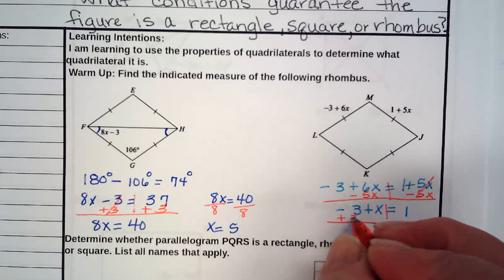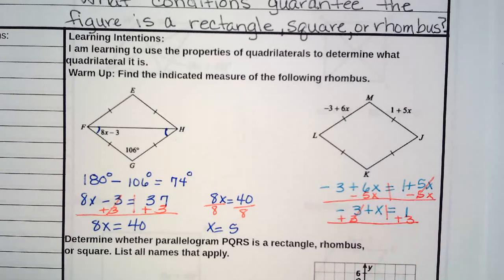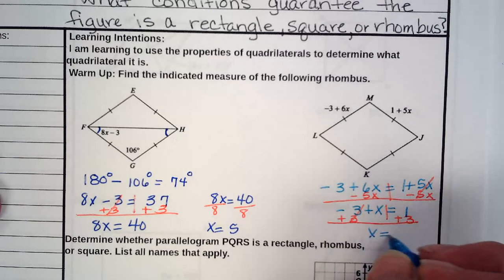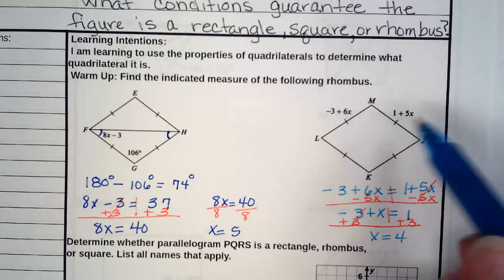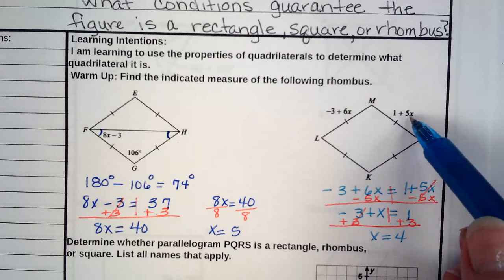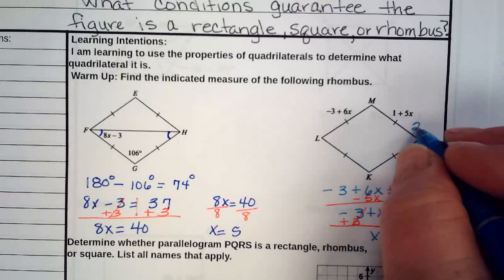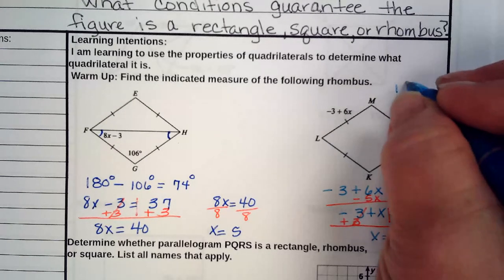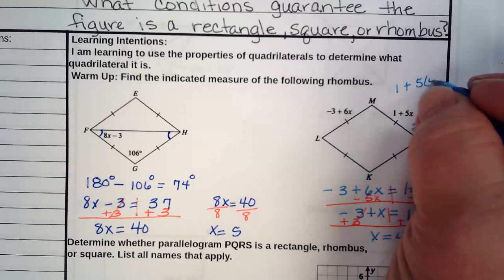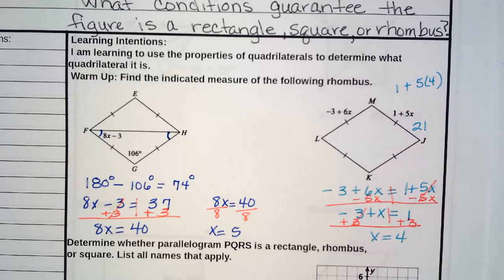Add 3 to both sides, and x is equal to 4. So if I'm looking at this, 5 times 4 is 20, 20 plus 1 is 21. Okay, so all the sides have a length of 21.